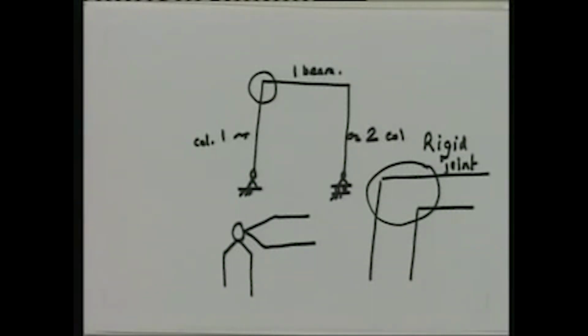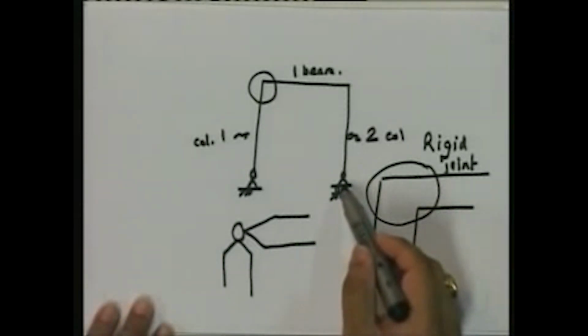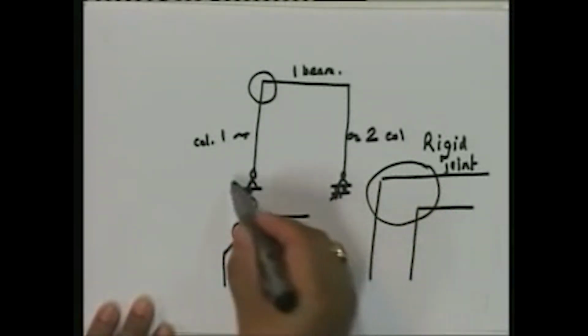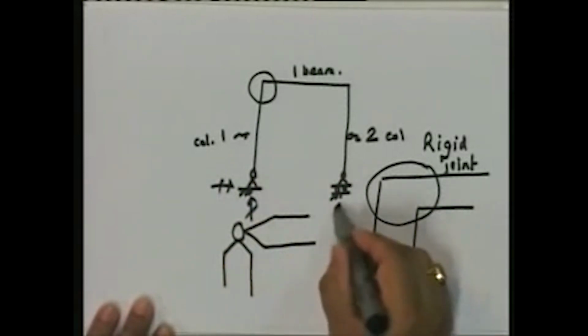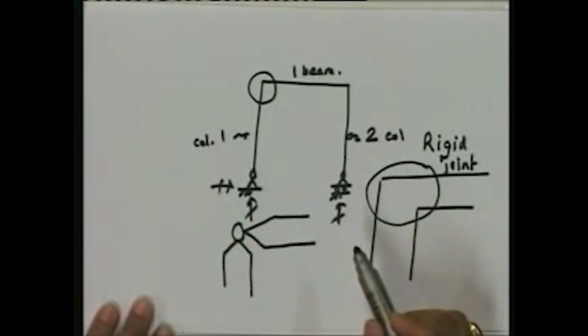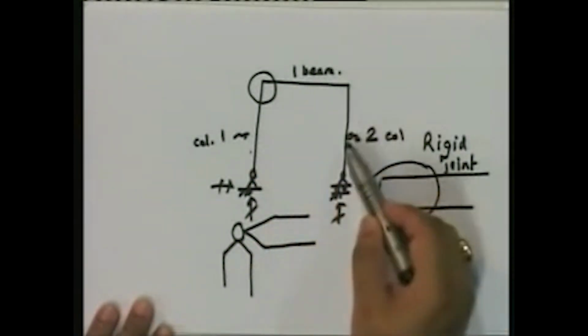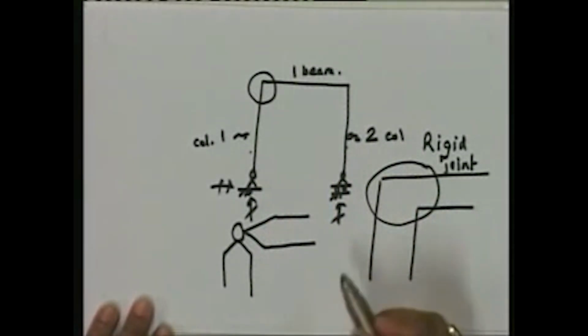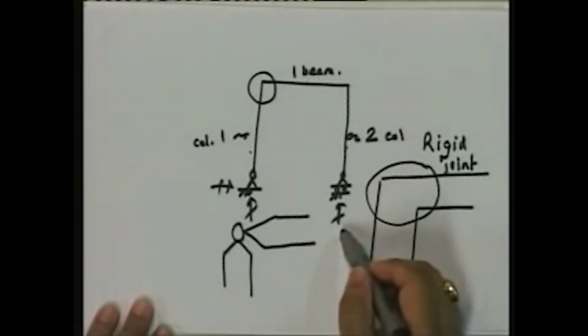Well, let's look at how many reactions I have: 1, 2, 3. 3 unknown reactions. And how many members? 1, 2, 3. So 3 members. M plus r is 3 plus 3, so m plus r is 6.